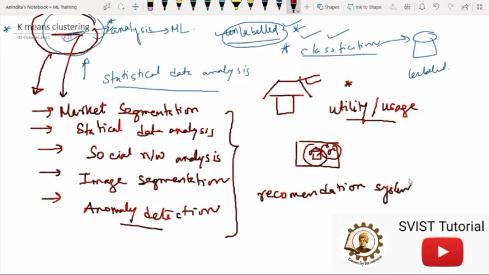So recommendation system, why we use this? Amazon uses a recommendation system to provide recommendations as per past searched products. Whatever product you have searched in the past, the recommendation will change according to that.